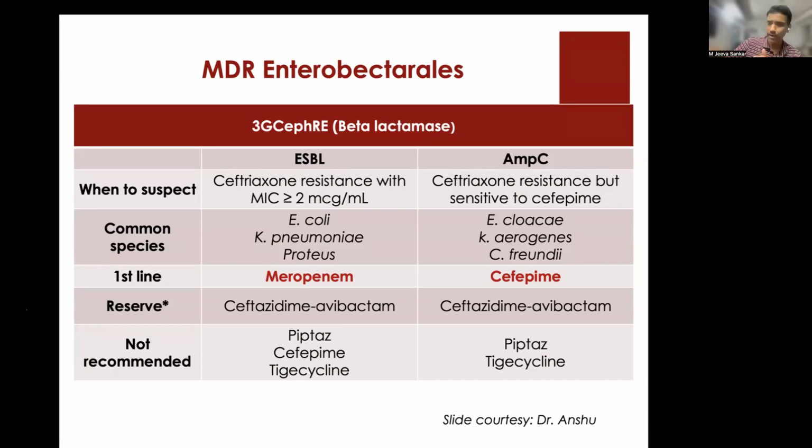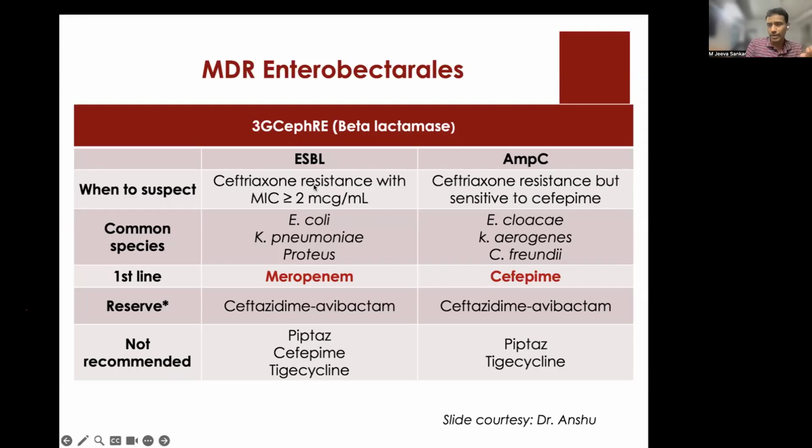That is basically E. coli, Klebsiella, all the Enterobacterales and so on. If the Enterobacterales, for example Klebsiella, is resistant to third generation cephalosporins, basically it is beta-lactamase producing. Now, when will you suspect ESBL?